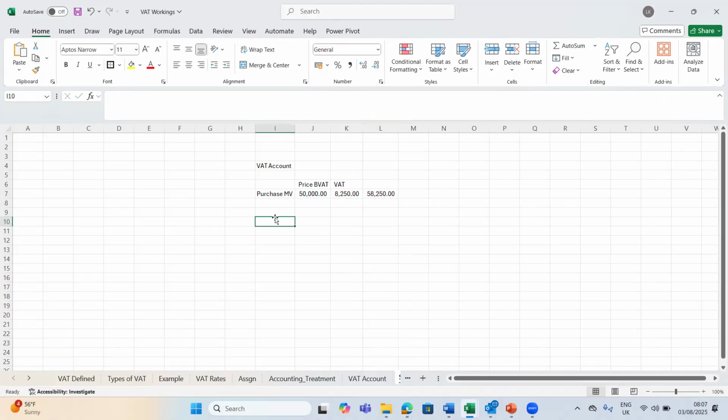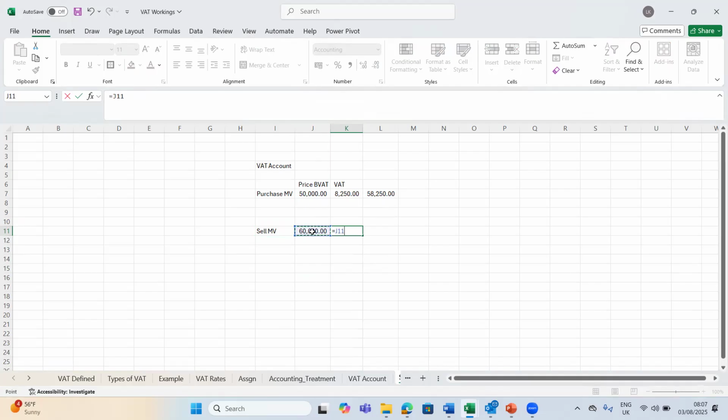All right. So now we are selling this motor vehicle. Selling price, let's put it at 60,000. That is, we're including our profit here. And then VAT, which is at 16.5%, that's the assumption, times 0.165.